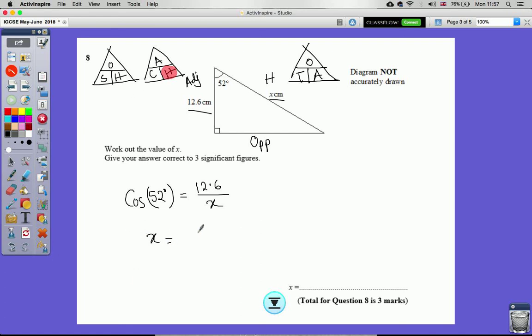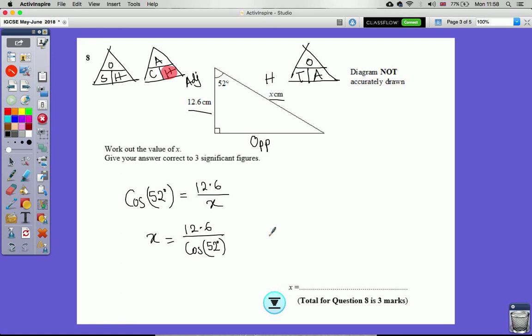So x is equal to 12.6 over cos 52 degrees. 12.6 divided by cos 52 gives you 20.46.